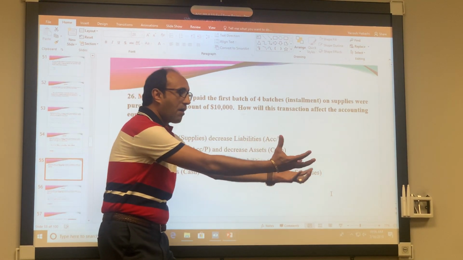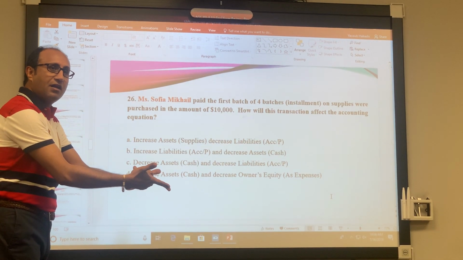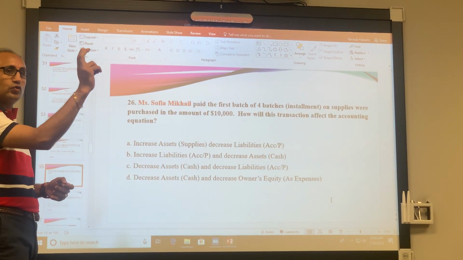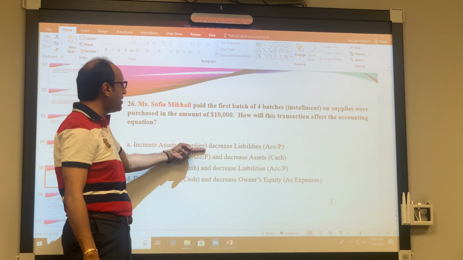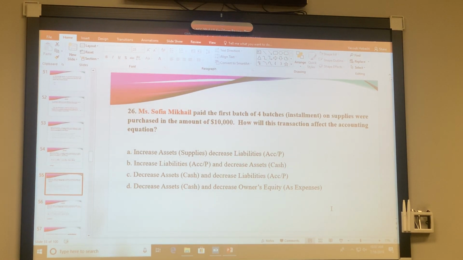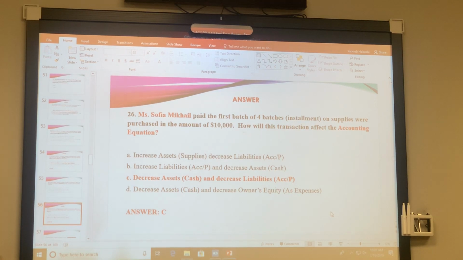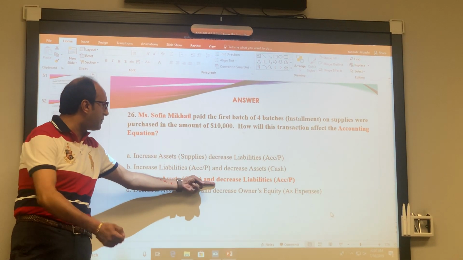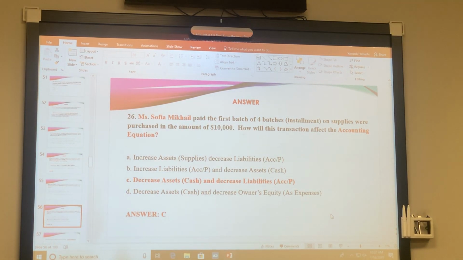That means supplies are coming into her business and she paid the first batch. So two connections here, assets and liabilities. Increase assets as supplies, decrease liabilities as accounts payable. Number D, sorry. Decrease assets as cash because she paid, and decrease liabilities as accounts payable. That's what I said. Yes. That's fine.